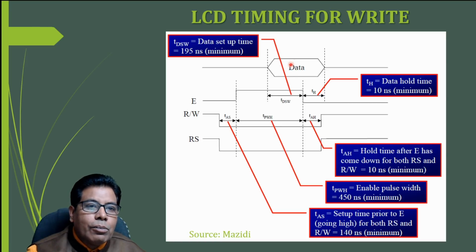So data is available on the data bus and the enable signal is high, and here the read write signal will go low for the write operation, and the RS will go low for the command. So when we are writing the command, at that time this will be low, this will also be low.